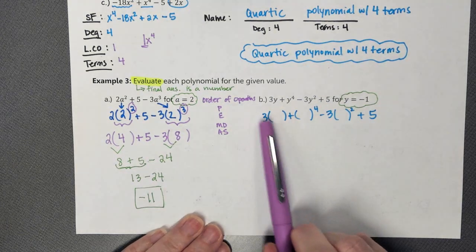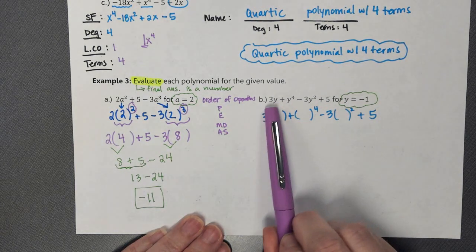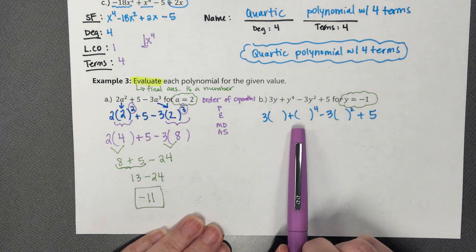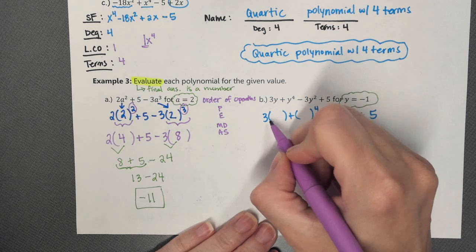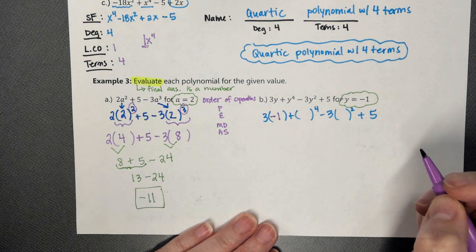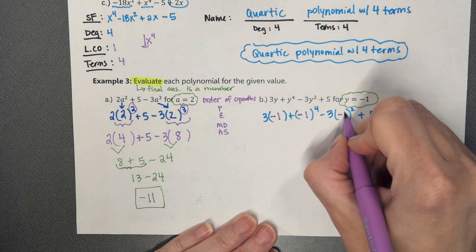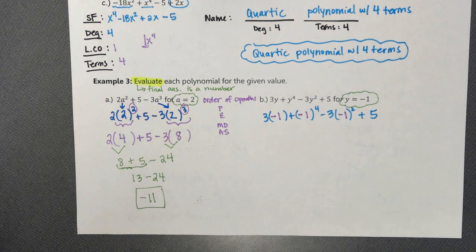Okay, so this is really the first step I want you to do, is to make spaces for where you're going to plug that in. So if it's 3y, we're going to plug in negative 1. We're going to plug in negative 1. We're going to plug in negative 1. And don't forget this plus 5 at the end.